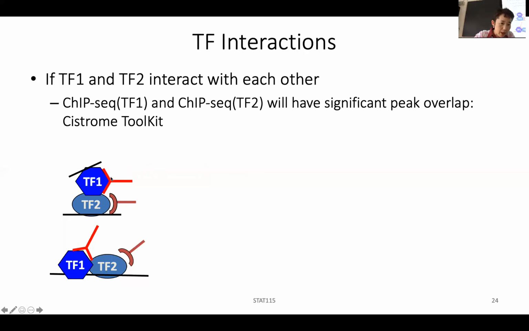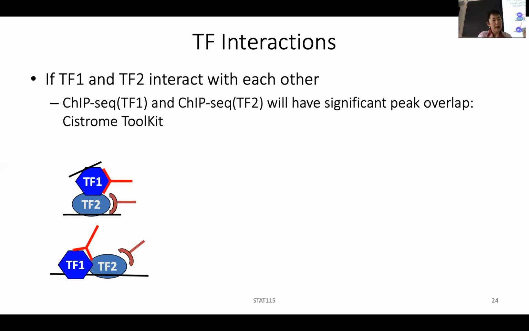For example, supposedly this transcription factor 1 is interacting with another transcription factor 2. This interaction can happen where 1 and 2 are binding right next to each other within the same module. Remember, a cluster of binding can happen within the same 150 to 200 base pair region, or it could be a big loop, where it binds to 1, and then there's some other loop on the DNA, and the transcription factor 2 is binding far away.